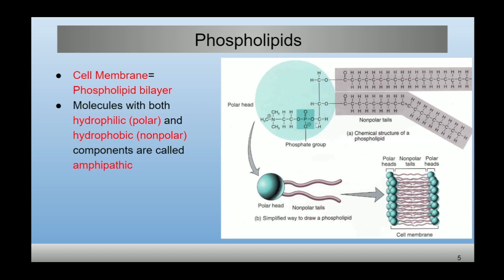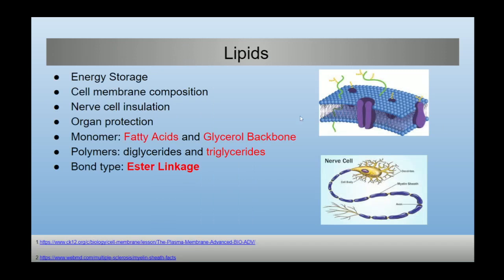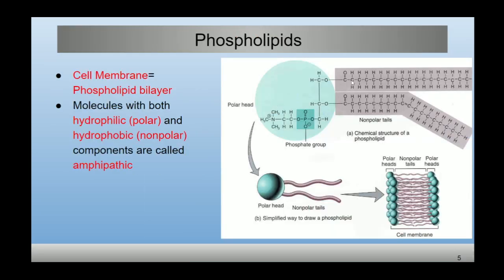So everything from here on down, if you draw a line here, you would basically call this a diglyceride, which we introduced all the way back here. That is because there are two fatty acids. But there's an additional structure at the end of the glycerol backbone.